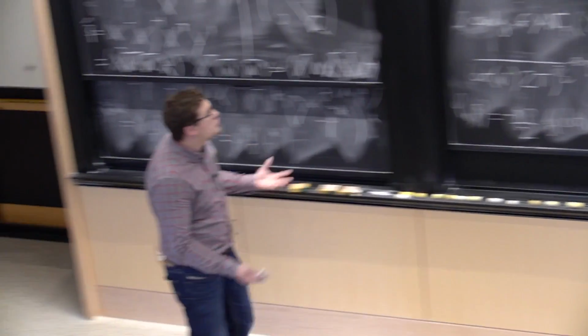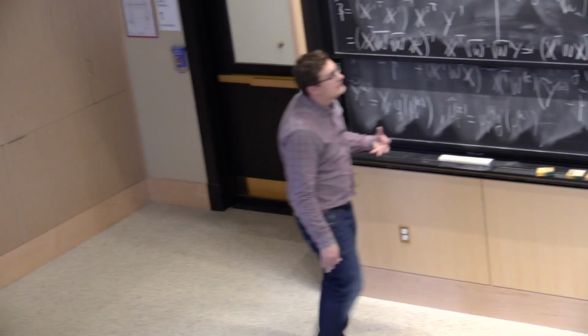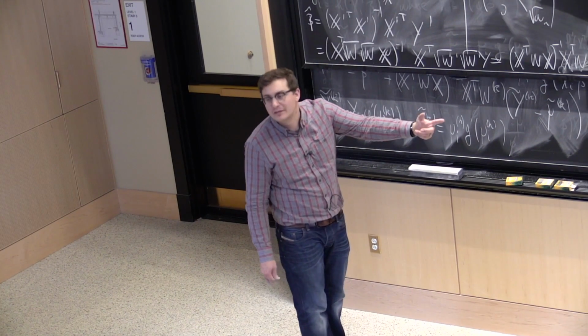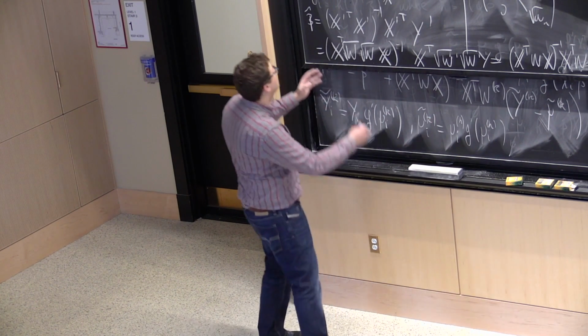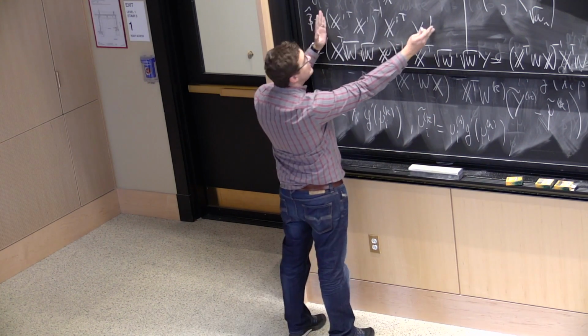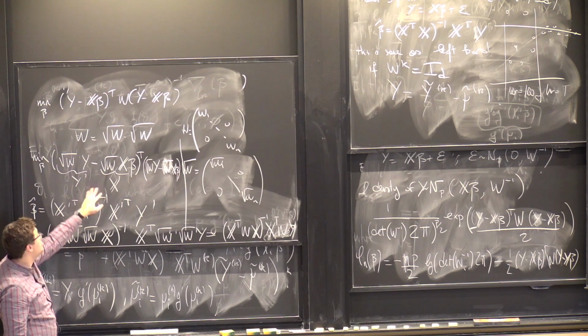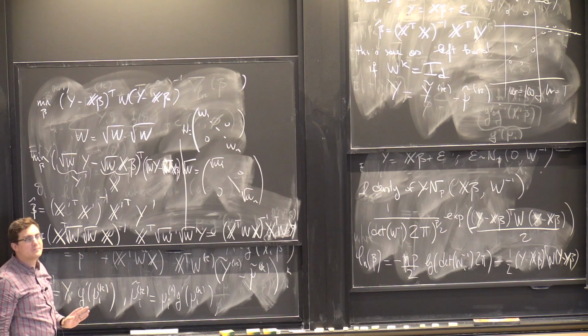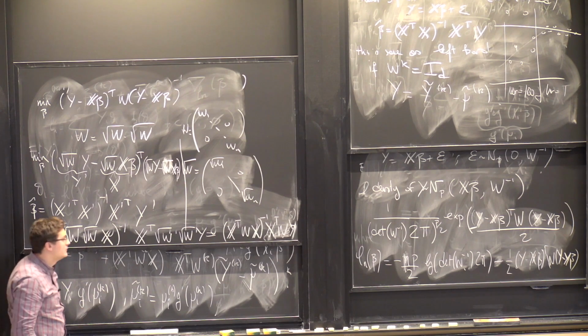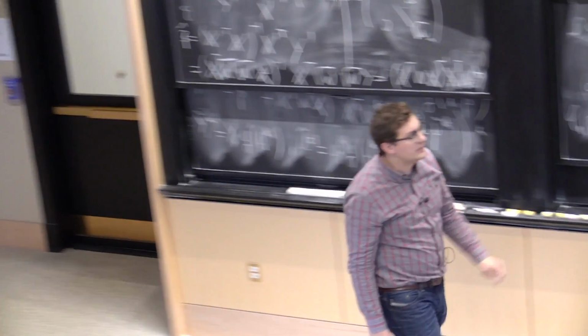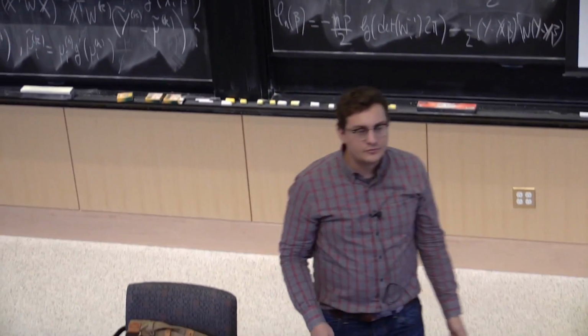Instead, I'm going to assume that I already know that if I did not have the W, I would know how to solve it. And that's exactly what I did. I said, well, I know that this is the minimum of something that looks like this when I have the primes. And then I just substitute back my W in there. All right, so that's just the lazy computation. But again, if you don't like it, you can always take the gradient of this guy.